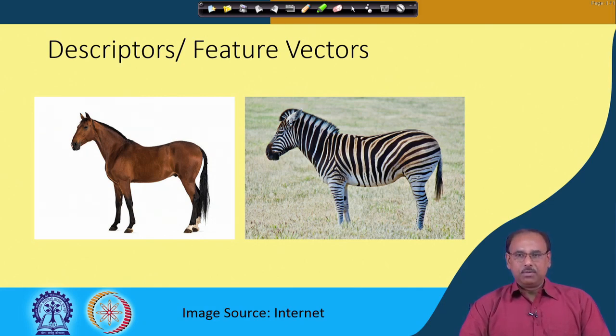One is the shape information or the boundary information, and the other is the region information, which gives you the intensity, the color or the texture. And when we combine the shape, color, intensity and texture information, all of them together can identify a particular object or a particular animal.